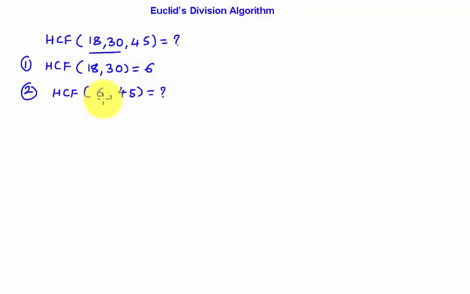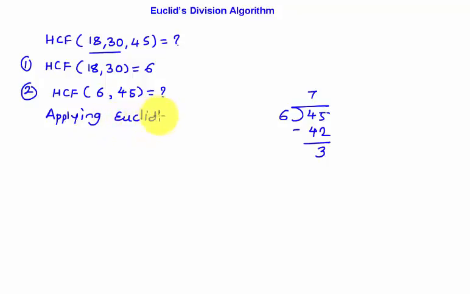Now in this case, again we have to find the SCF of two numbers. So we'll apply Euclid's division lemma and carry out actual division. So 45 we'll divide by 6. 6 sevens are 42 and what remains is 3. So we can write it in Euclid's division lemma form. Applying Euclid's division lemma, what we get?